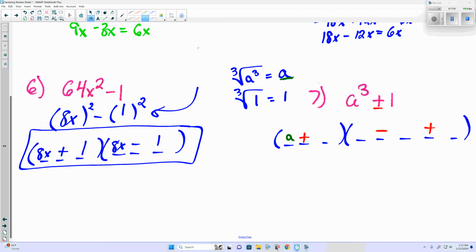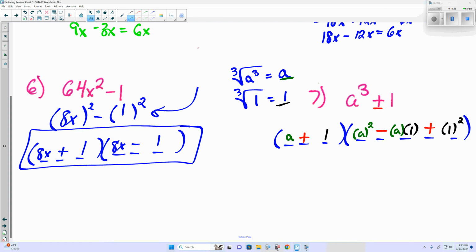So our first spot would be a. And the bigger one we would have a squared, a to the first, and then no a term. In our other spot we have our 1, and in the smaller one we would just have 1. We would not put a 1 with our a squared, but in the middle we would have 1 to the first, and in the last one we would have 1 squared.